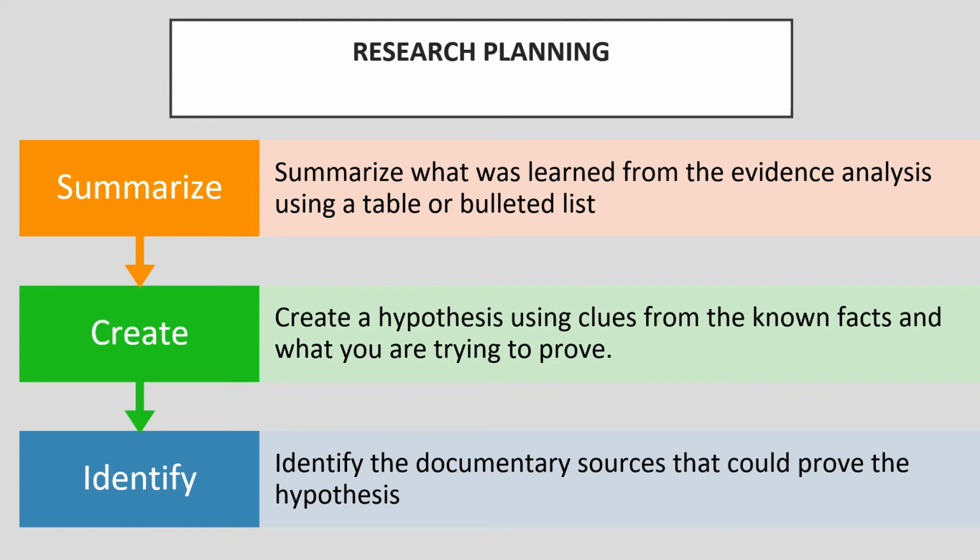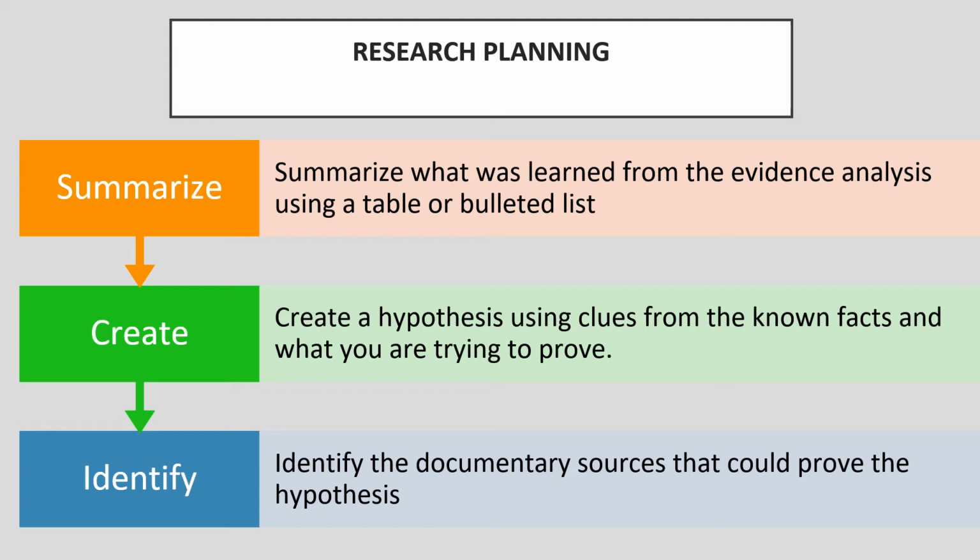And often people will ask, how do you do a hypothesis? Well, you look at everything you've learned in your evidence analysis step from that timeline. And I like to create a new table and summarize everything in that table, or maybe a bulleted list. And then you can create a hypothesis using clues from what you know and from what you're trying to prove.